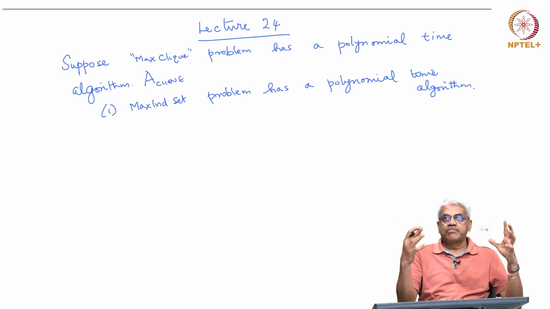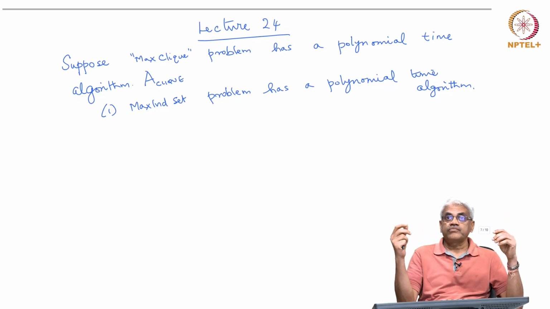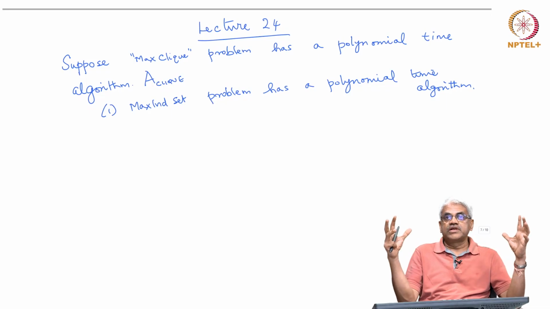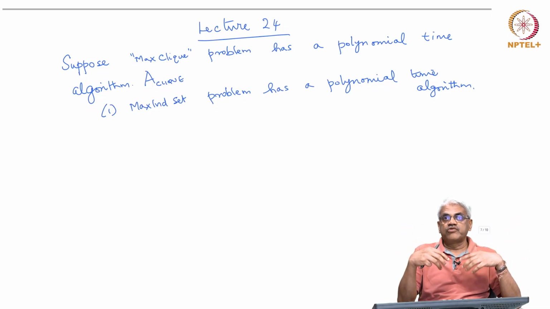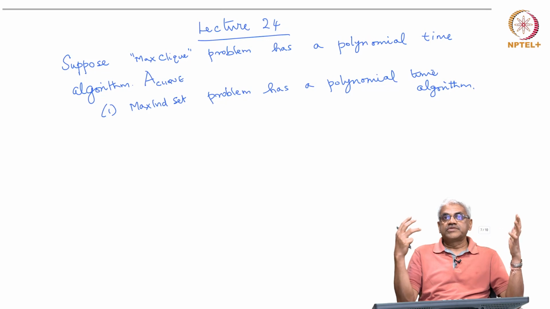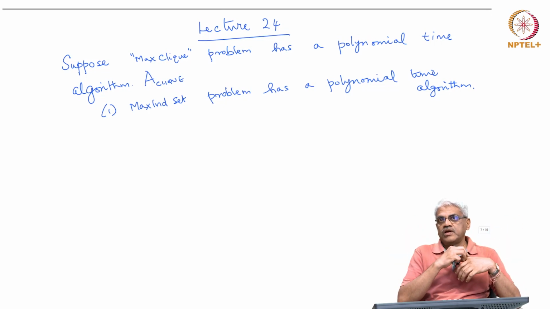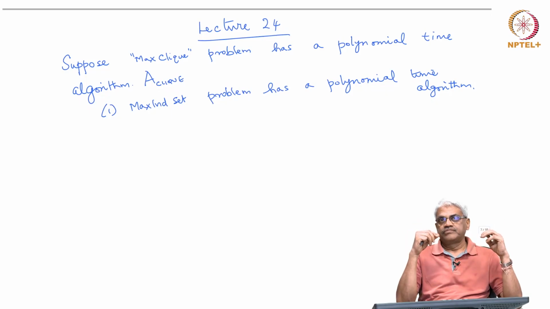Can I use it as a black box somehow to solve my other problem, the maximum independent set problem, where I am given a graph and want to find a maximum size subset which are mutually non-adjacent? It turns out you can.